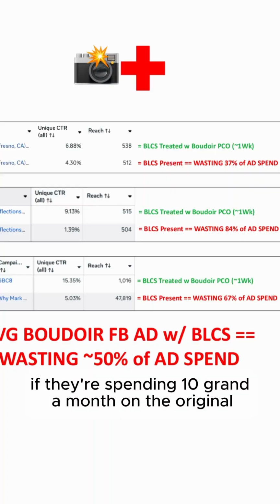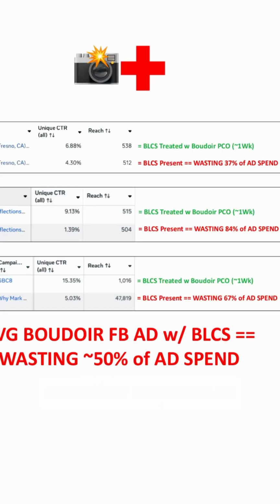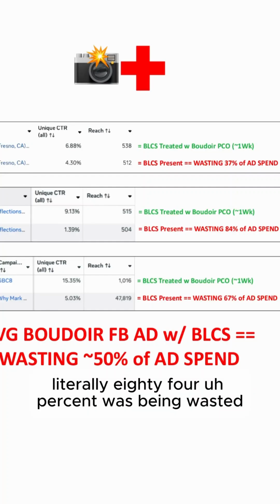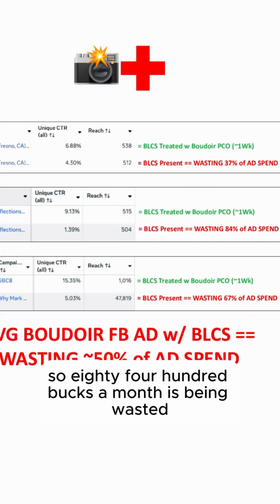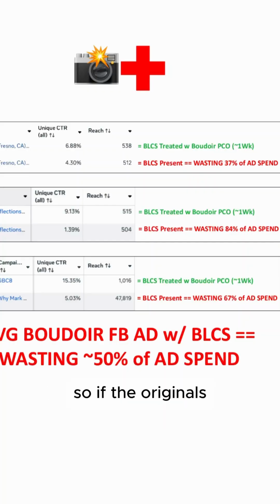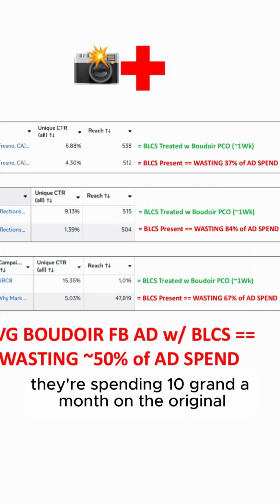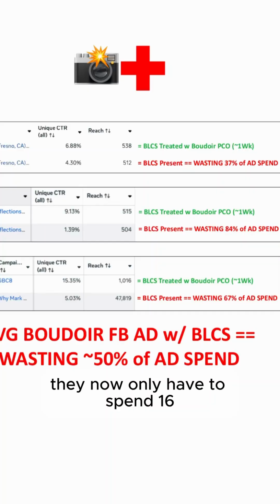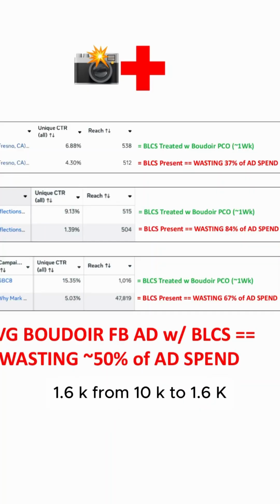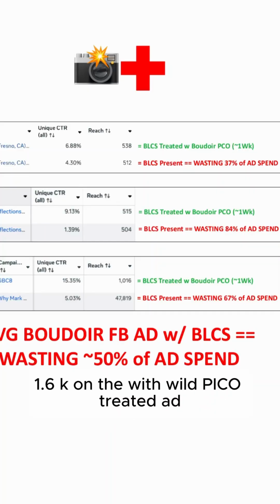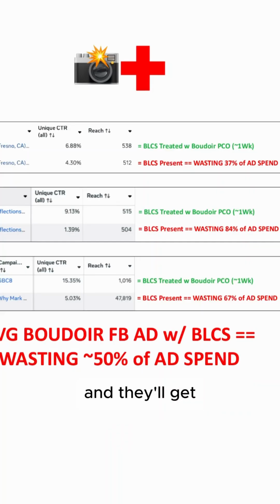So if they're spending 10 grand a month on the original Boudoir Facebook ad, literally 84 percent was being wasted. So 8,400 bucks a month is being wasted. They now only have to spend 1.6K on the Boudoir Pico treated ad, down from 10K, and they'll get that into the same number of women's brains in both scenarios.